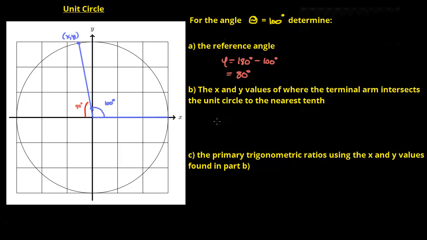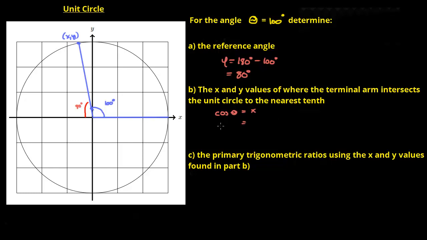Now, the x value, let's think about how the primary trig ratios are defined. We know that the cosine of theta is going to be equal to the x value divided by the radius, but for the unit circle, since we've drawn this angle in the unit circle, the radius is just 1, so the cosine of theta is just going to be equivalent to the x value.